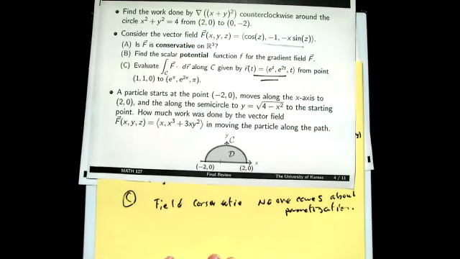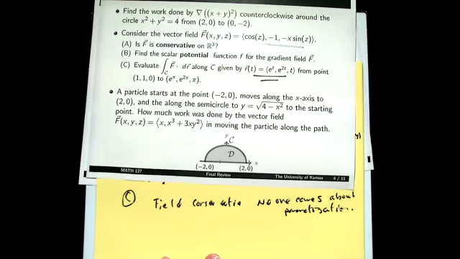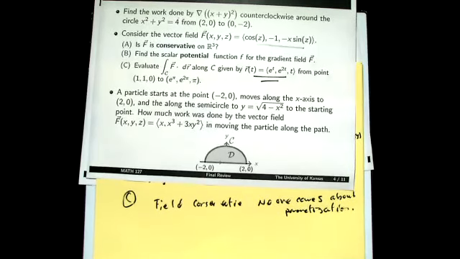That's a property. The fact that parameterization doesn't matter is the property that is called path independent. So parameterization doesn't matter. Path does not matter. That's the thing. So it's path independence.